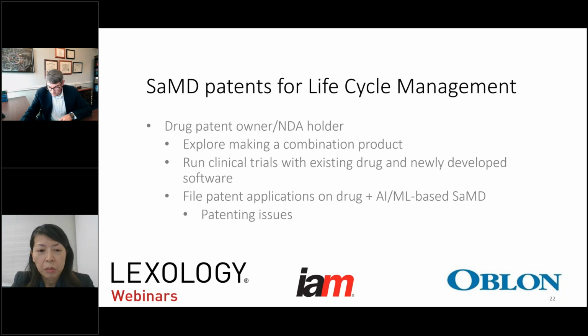The company can, for example, invest a lot in-house. Also, you could partner with venture companies or university professors who have been working on AI technologies, and then run clinical trials, testing the software to see whether its use gives more benefits to the patients than the use of the drug alone. Once you figure out something is promising, then you consider filing applications on the combination product.